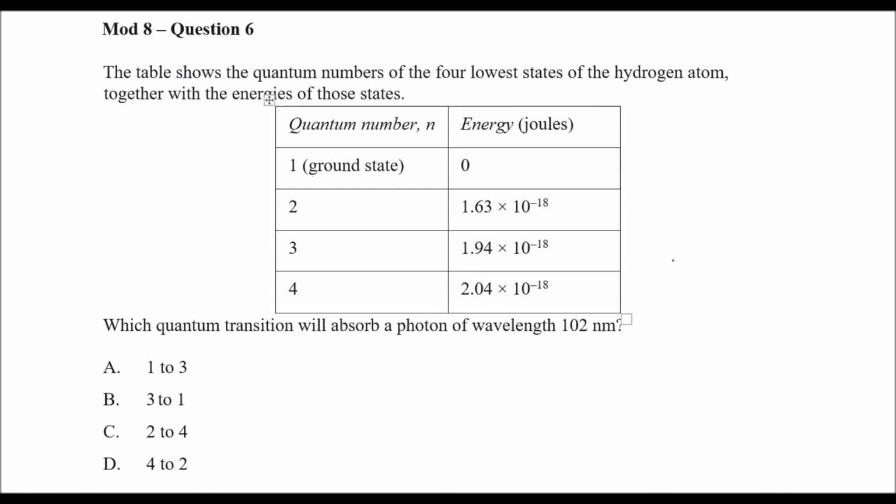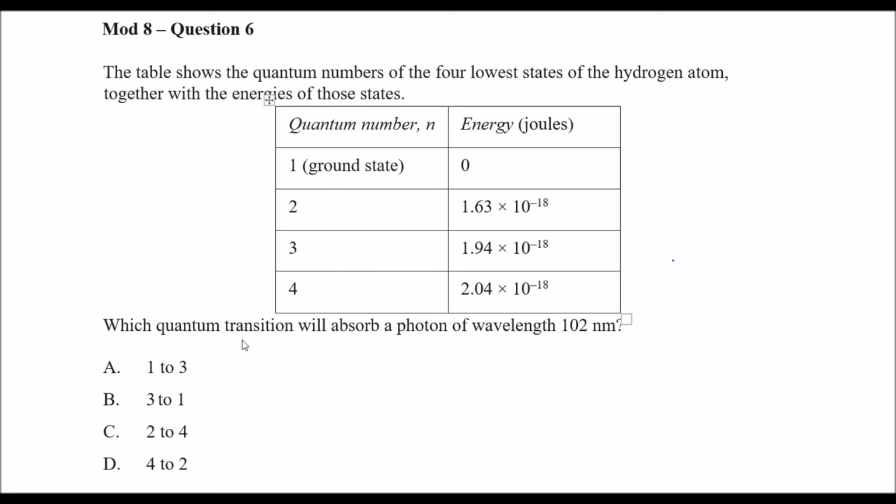Okay, so moving on to question 6, if we have a read of the question, it says the table shows the quantum numbers of the 4 lowest states of the hydrogen atom together with the energies of those states, as you can see here. Which quantum transition will absorb a photon of wavelength 102 nanometers?